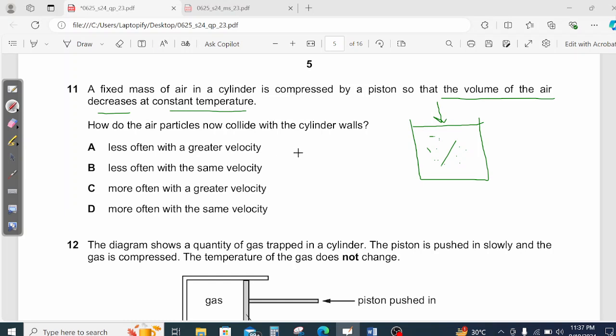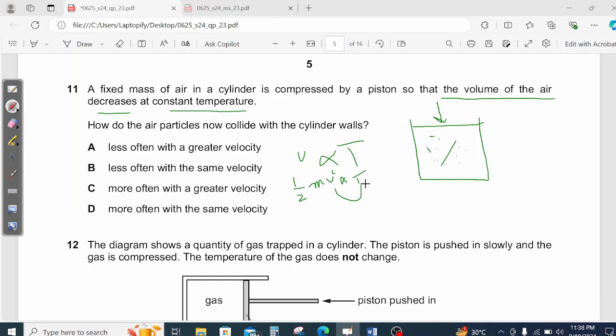I will give you one hint here. The speed is directly proportional to the temperature. Basically we have a relation that the kinetic energy is directly proportional to the temperature, and in kinetic energy we have the formula 1/2 m v squared. So velocity is directly proportional to the temperature.